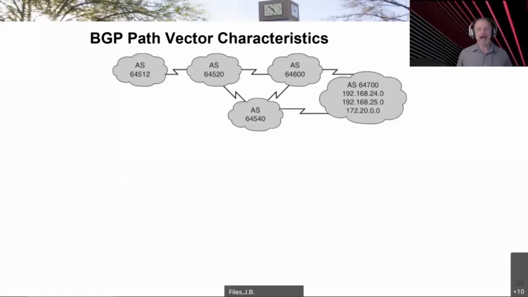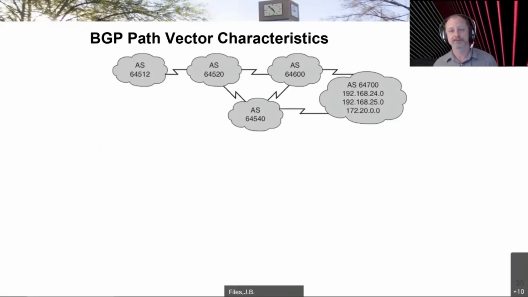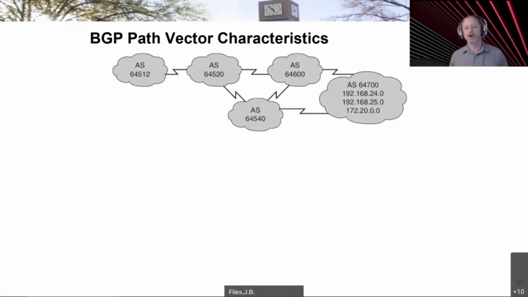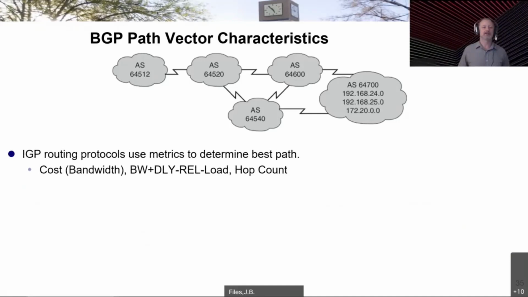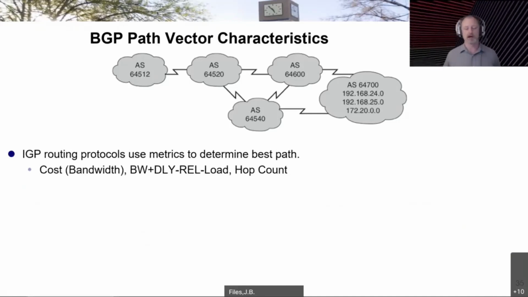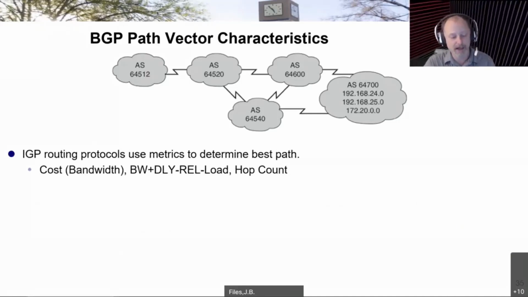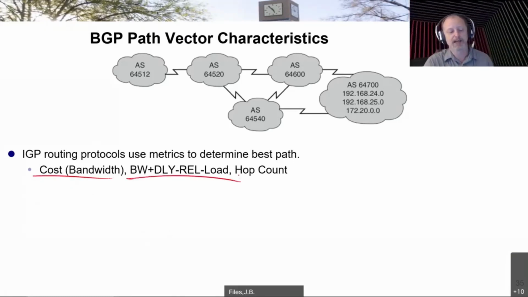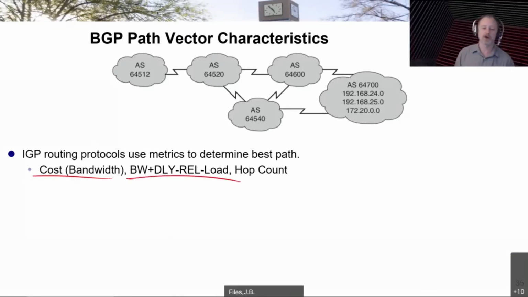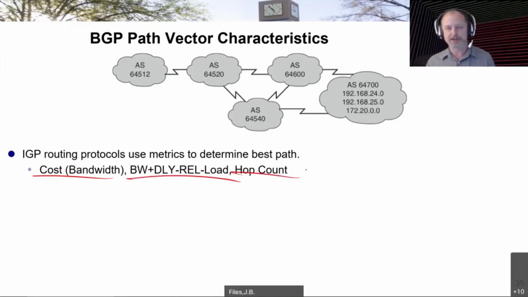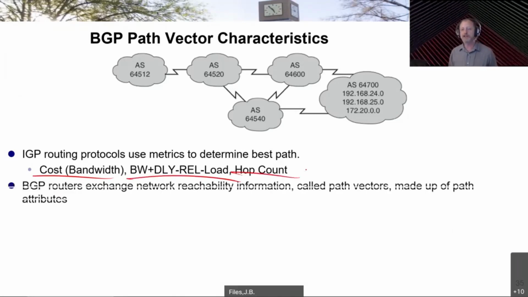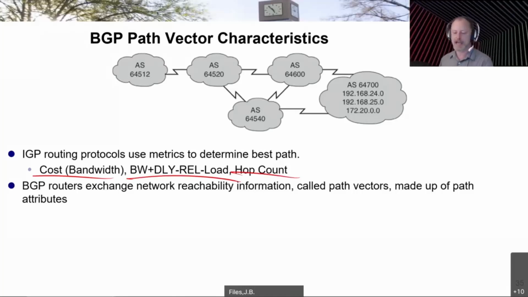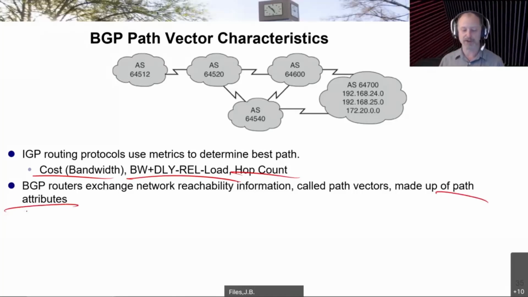So BGP path vector characteristics. Well, we know that we have different methods of calculating a metric, right? So OSPF uses cost, EIGRP, bandwidth, delay, reliability, load, RIP uses hop count. Okay, BGP looks at path attributes.